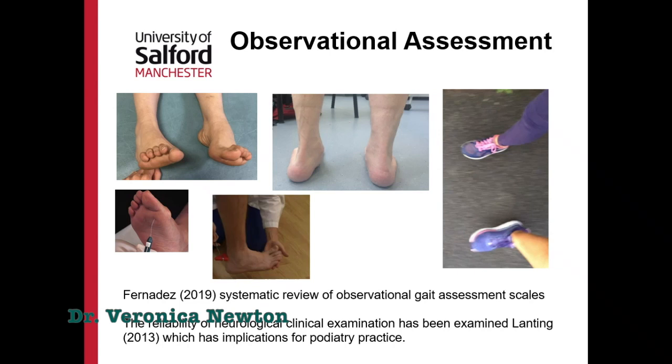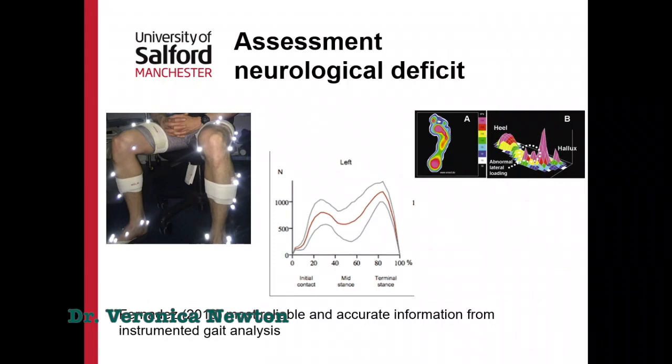The reliability of some of the common clinical examination techniques that we use, such as the monofilament and testing for reflexes, has been assessed by Lanting, and these also have implications for podiatry practice in terms of reliability. The monofilament appears to be the most superior of the tools that we use in terms of reliability for interpretation of findings.